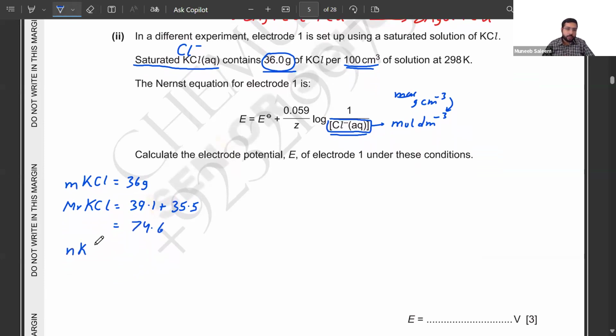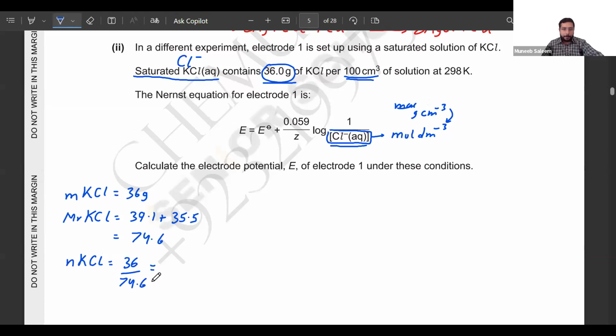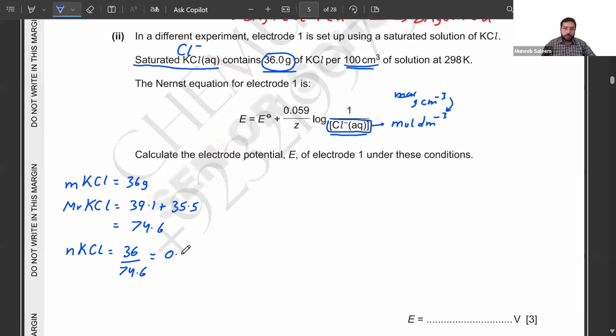So the number of moles of KCl becomes 36 divided by 74.6, and the answer becomes 0.48257. I have used as many decimal points as I can.